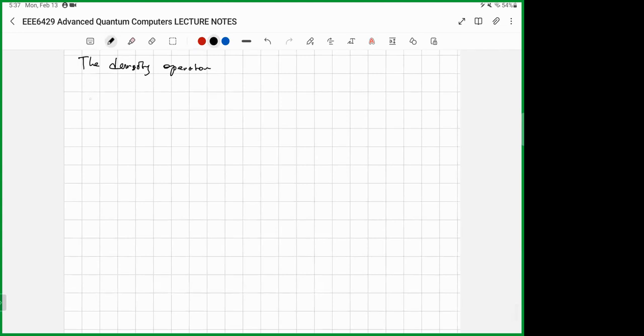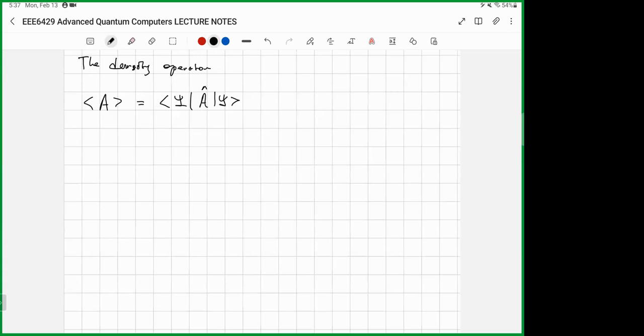Let's consider the expectation value of operator A. What is it? It is the matrix element like this one, right? This psi state, then this operator A, and then the same psi state.